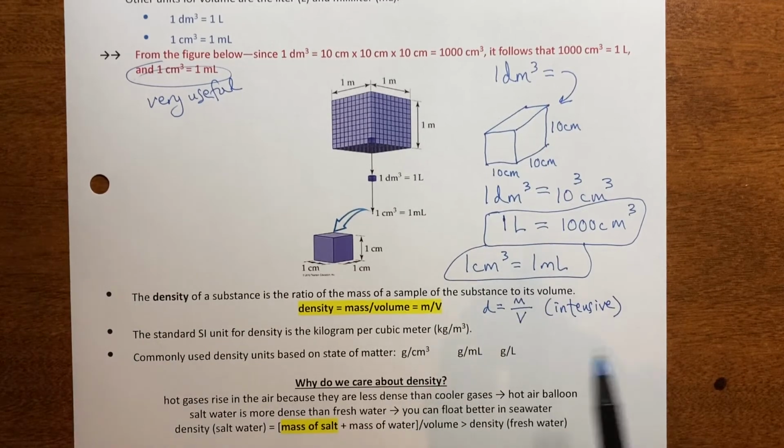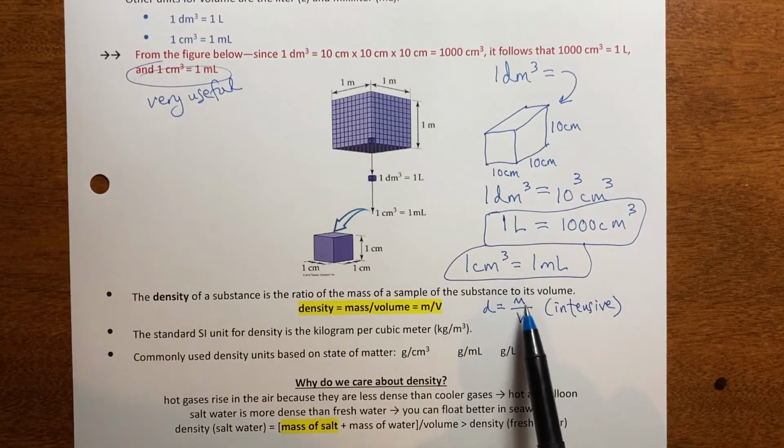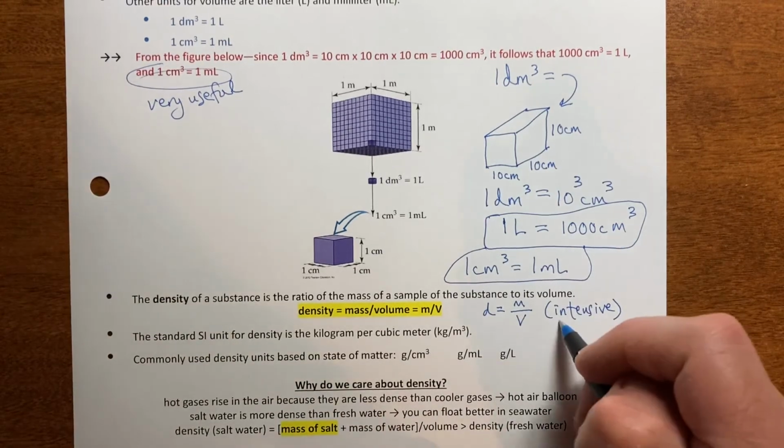So going back to our definitions earlier, density is an intensive property. But it's based on 2 properties that are extensive. The amount of stuff, mass, and volume, how much space in 3 dimensions something takes up, depend on the amount of material. Those are extensive properties. But it's interesting, if you take the ratio of 2 extensive properties, you get an intensive property. What is an intensive property again?